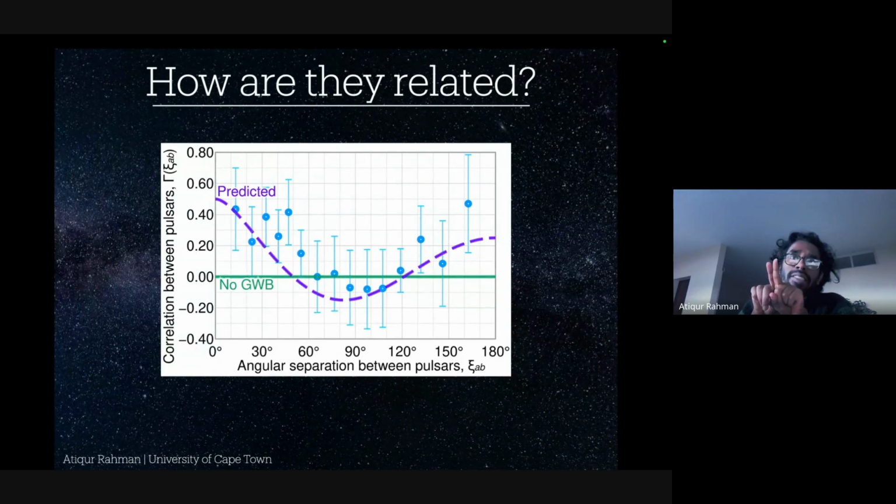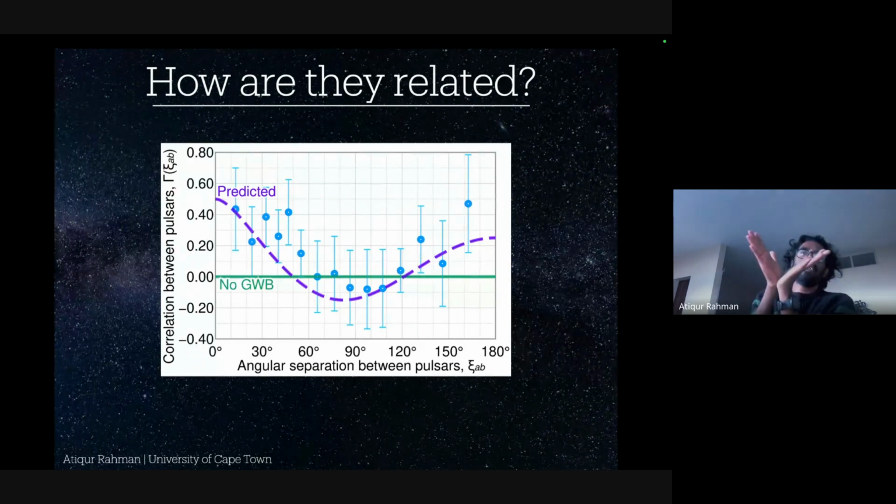Let's say you took two pulsars, A and B, and you want to calculate the correlation between them, and the correlation depends on the angle between these two pulsars. If two pulsars are really close to each other, near 0 degrees, they will have the highest correlation.